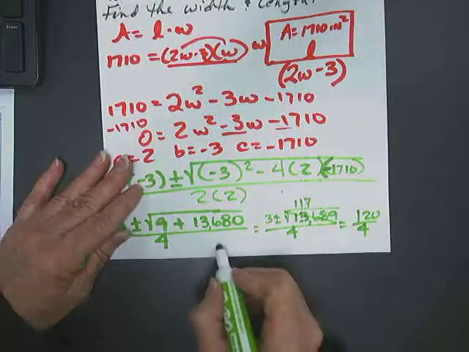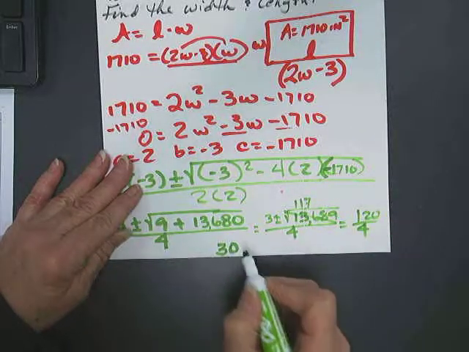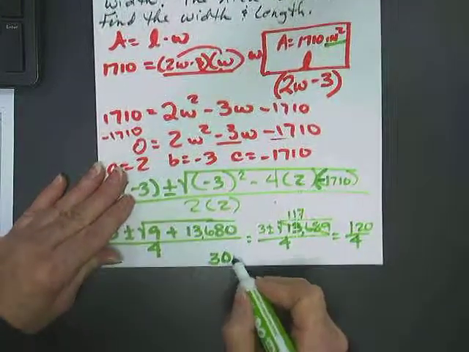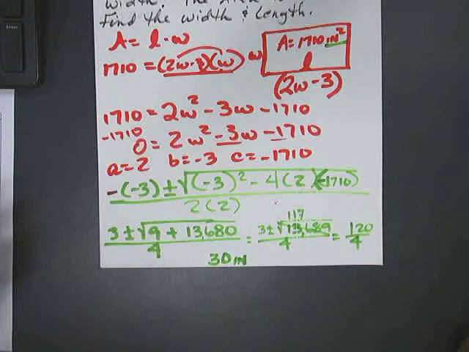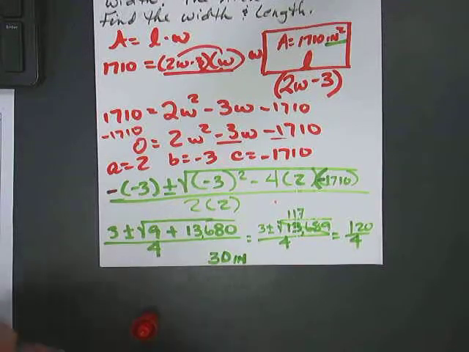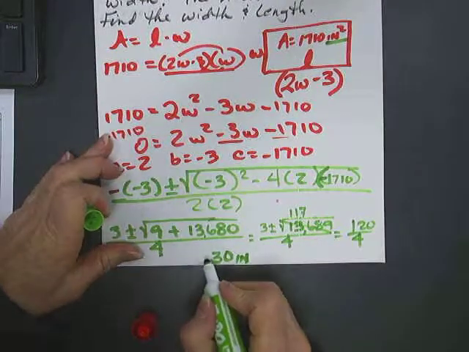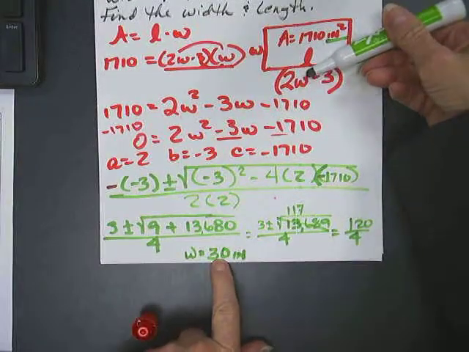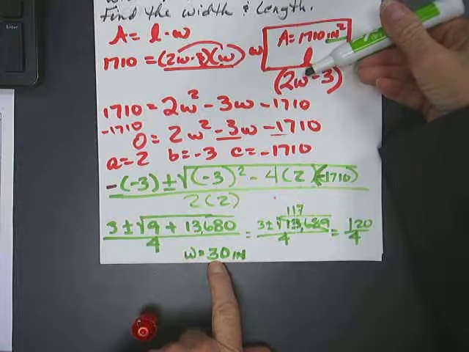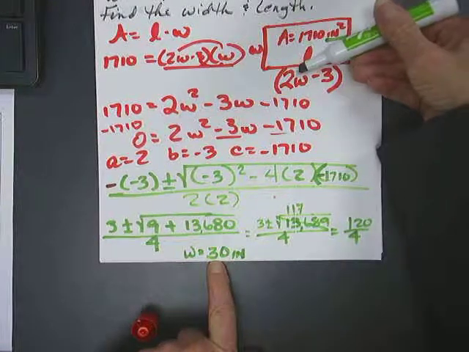So we have 3 plus 117 is 120 over 4, which is 30. These were square inches, so that's inches. Which is bigger, the width or the length? The length is always bigger than the width, so this is the width.